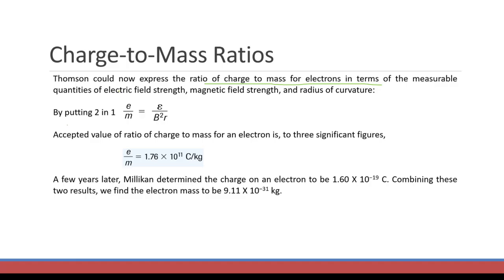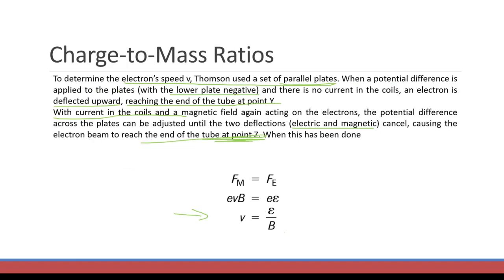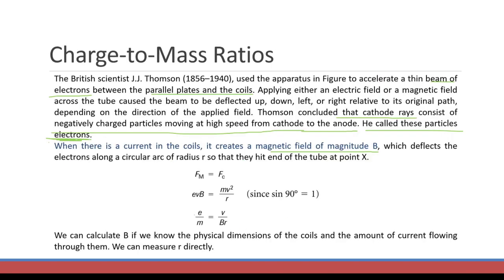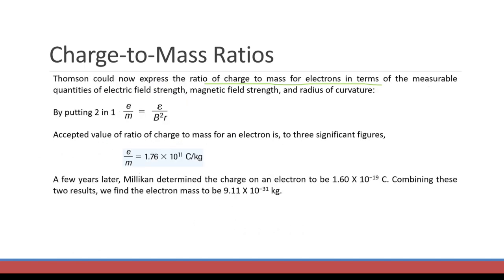So by this, if this is equation 2, and our one from before was 1, put our second one into 1, we come to this expression, which has both the charge and mass in it.